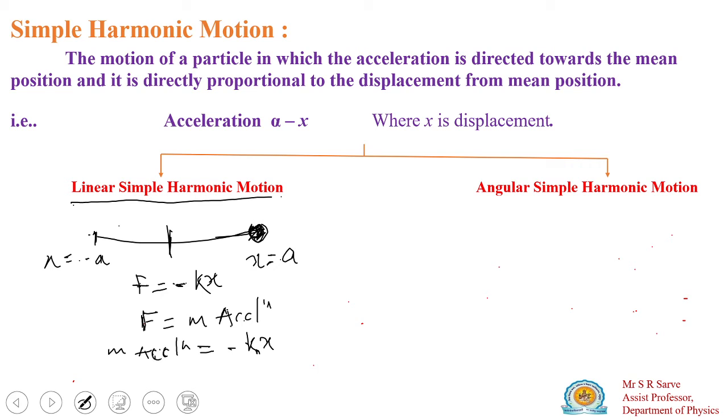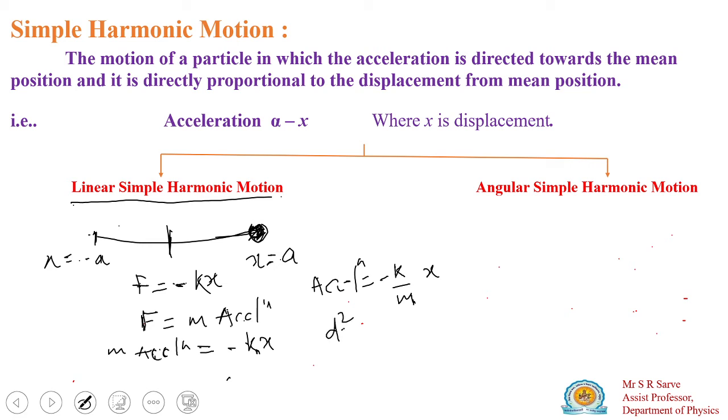Here, acceleration is equal to minus k divided by m into x.